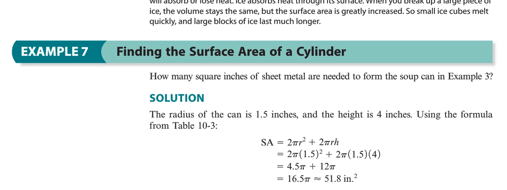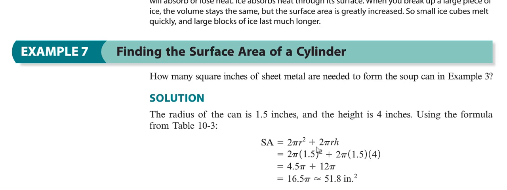If we go back and look at example 3, the radius was 1.5 inches, the height was 4 inches. So the formula for the surface area is 2 pi r squared plus 2 pi r h. All we have to do is substitute the numbers in. We can leave pi as it is because we can use the pi button on our calculator.